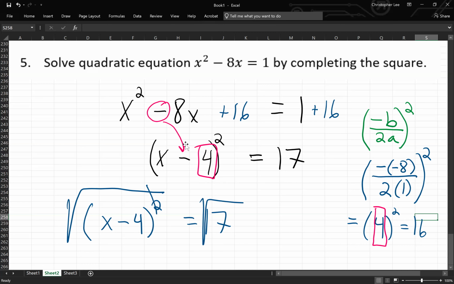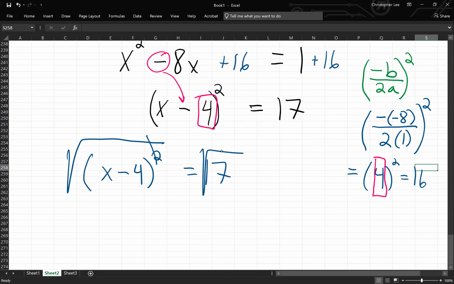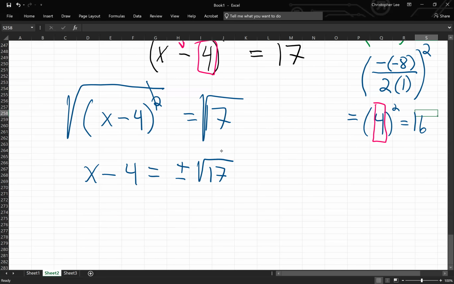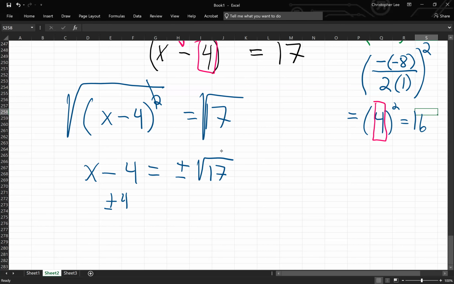So I have x minus 4 equals plus or minus what? Square root 17. And what do I do after that? Add 4 to both sides. Very good. So now I got x is equal to 4 plus or minus square root 17.